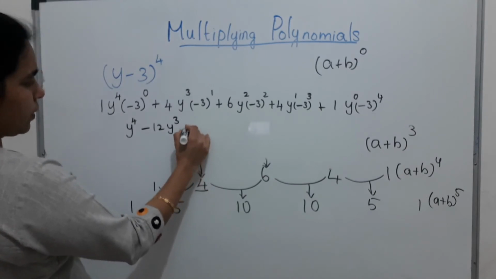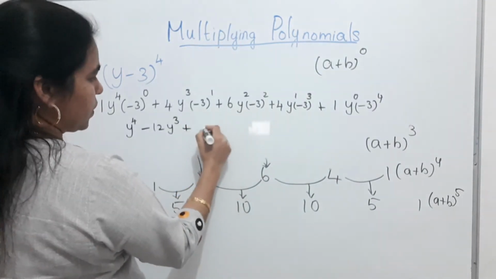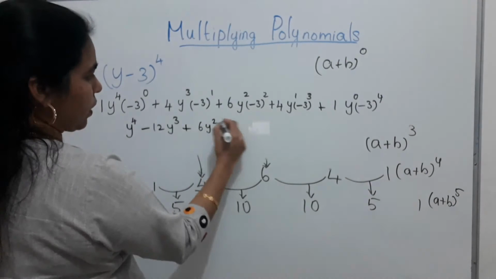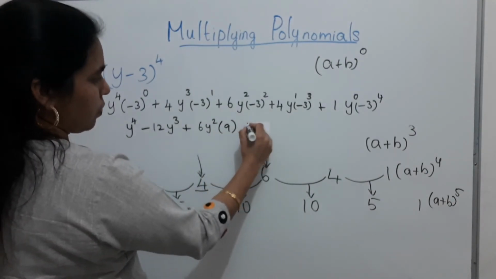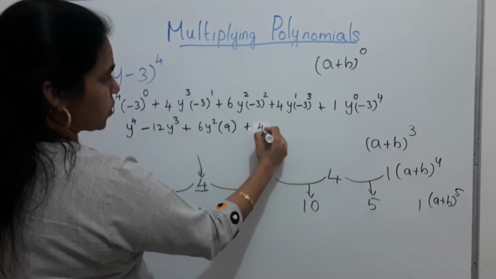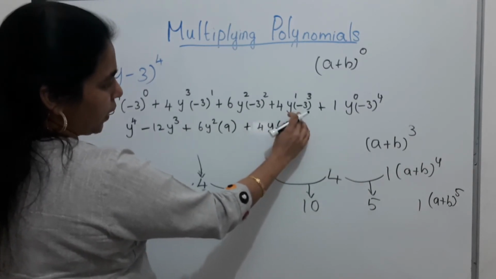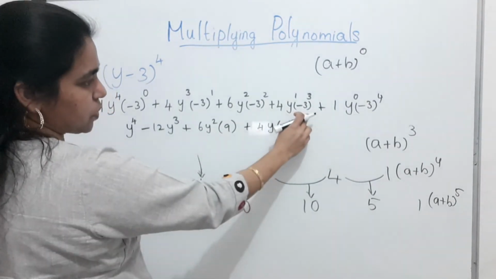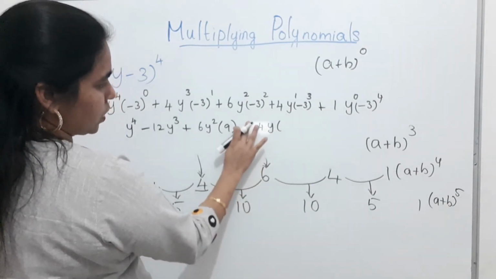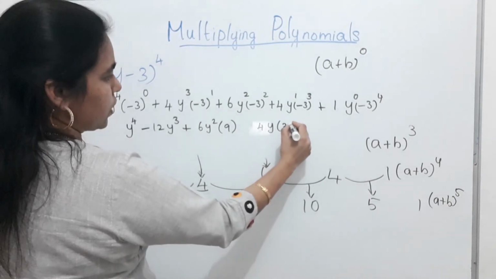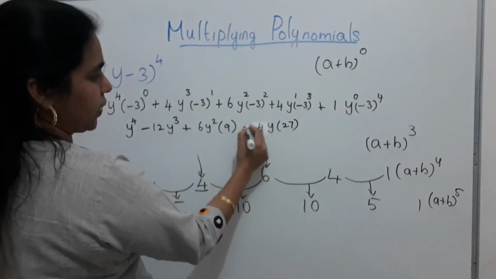Okay. And then here you have 6 times y squared, and then this is actually 9. Plus 4 times y, and then minus 3 times minus 3 times minus 3 is actually minus 27. So this is 27, and this will become minus.